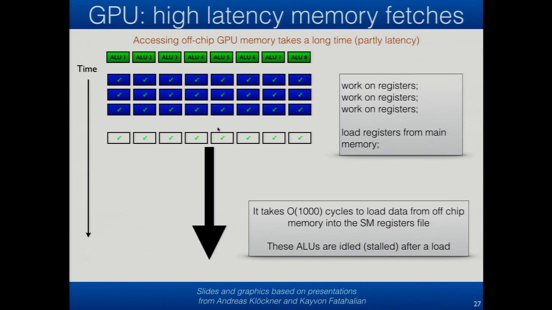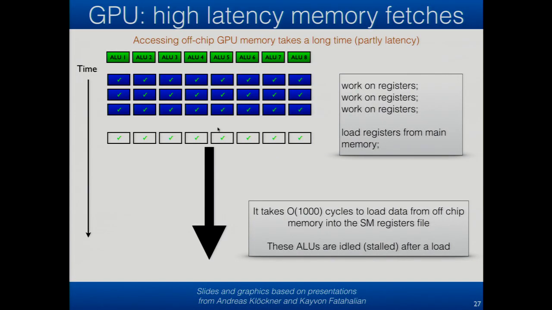Yes? When you're talking about off-chip memory, are you talking about the memory that is on the GPU? We'll have some diagrams. I'm trying to be somewhat abstract here. We'll just talk about this as data that's not on the processing unit itself, the actual silicon chip. Okay? That's the longest round-trip time for a fetch.